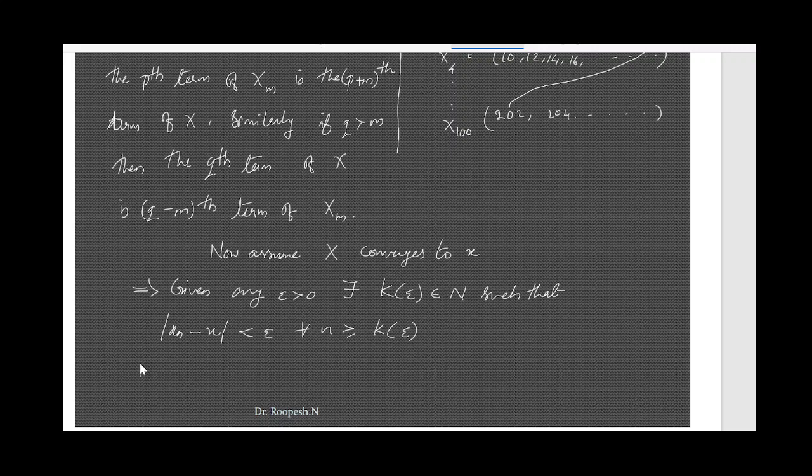Now for this k greater than or equal to k(epsilon) minus m, what will happen?